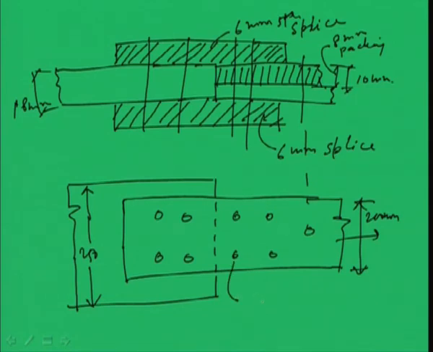So 25 PDS at 60 mm center to center. So in this way, in the plan, the splice how it has been made can be seen. Okay. And in the side view, if we see the splice, one splice provided at top and one splice provided at bottom with same thickness of 6 mm, right.